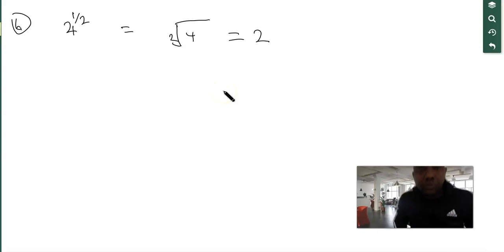So 4 raised to 1 over 2 is like the square root.